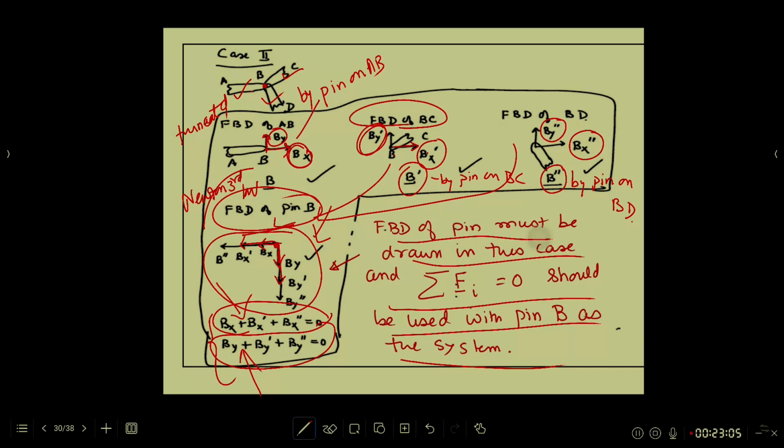I am assuming the force system is planar for illustration. If the force system is not planar, then similar things will happen with the Z component of the forces as well. And you will add one more equation here. Bz plus Bz prime plus Bz double prime is 0. Things like that. This will come.